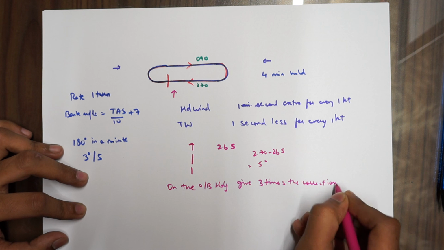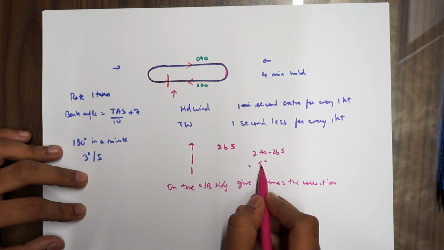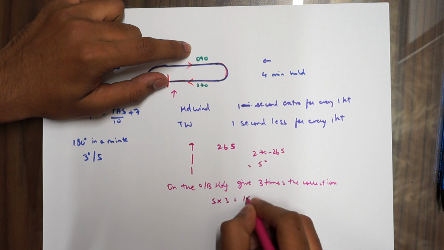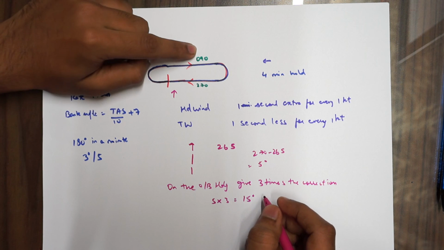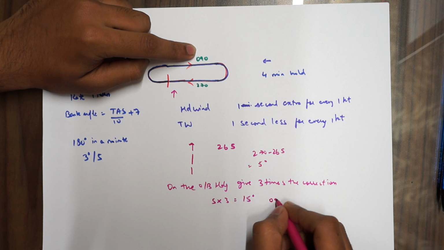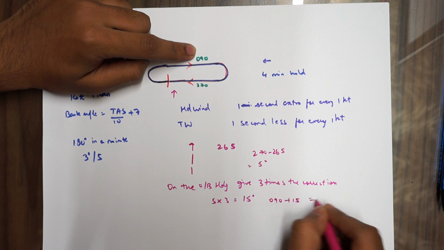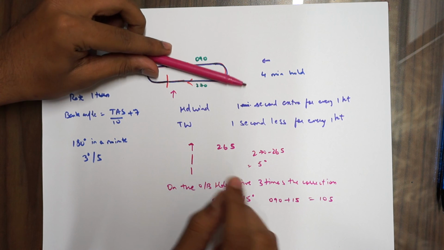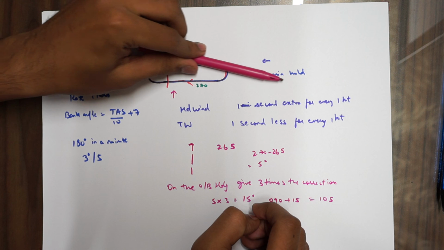What does this mean? You are giving 5 degrees correction here. On the outbound heading, you will give 5 into 3, 15 degrees correction. So your outbound heading is 090. Okay, so you will give a correction of 090 plus 15, that is 105.